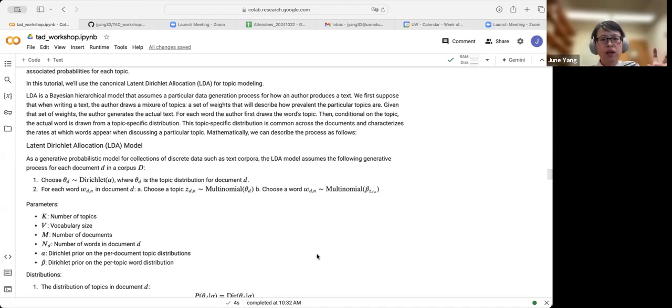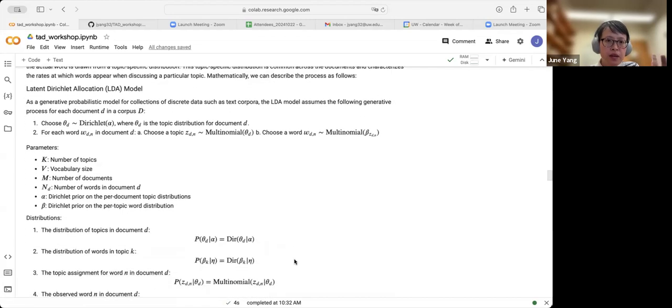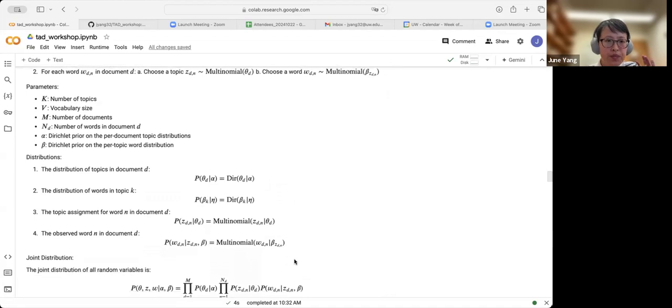For each word, the author first draws the word's topic, and then conditional on the topic, the actual word is drawn from the topic's specific distribution. And this topic-specific distribution is common across the documents and characterizes the rates at which words appear when we discuss a particular topic. This is the mathematical representation of the process we just described.